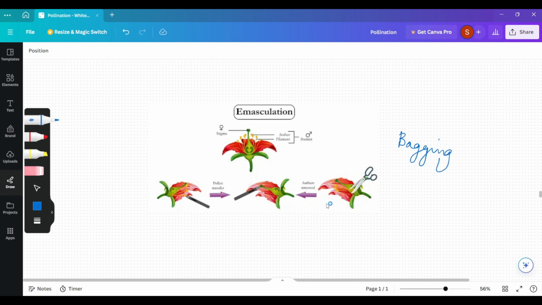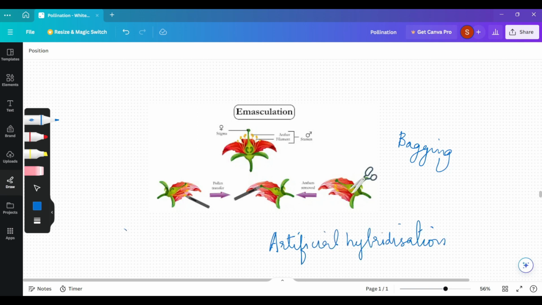When the stigma of this flower which we have bagged has reached the stage of receptivity, the pollen which we have collected from the desired anther can be powdered on the stigma. And again, these flowers are rebagged and are allowed to undergo fertilization, and the fruits are allowed to develop. So this method is called artificial hybridization. This is one of the methods of artificial hybridization.